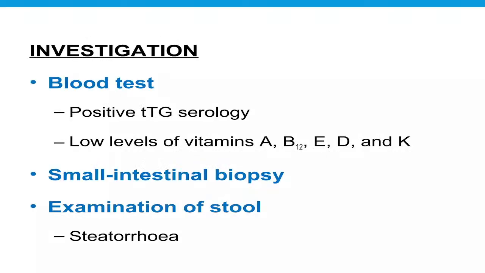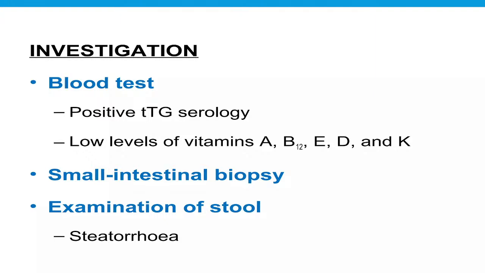Investigation. If you are suspecting a malabsorption syndrome, when do we suspect malabsorption? Malabsorption syndrome is usually suspected in patients who have anemia where you cannot find the cause. The patient is having iron deficiency anemia or B12 deficiency anemia, and you cannot find the cause of the anemia. Then only you suspect the malabsorption syndrome.